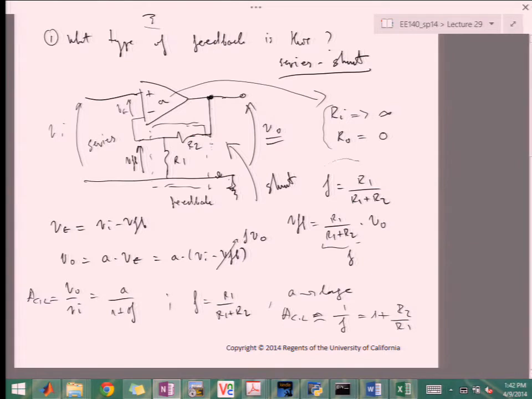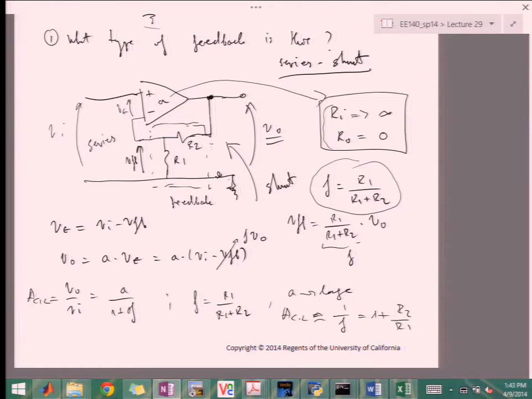Note that isolating this was assuming that the impedances are ideal, in the sense that since we're sensing voltage and producing voltage at the output of the amplifier, the output impedance is 0. And since we're summing voltages at the input, the input impedance of the amplifier is infinity. So it's not loading the feedback network or the source.